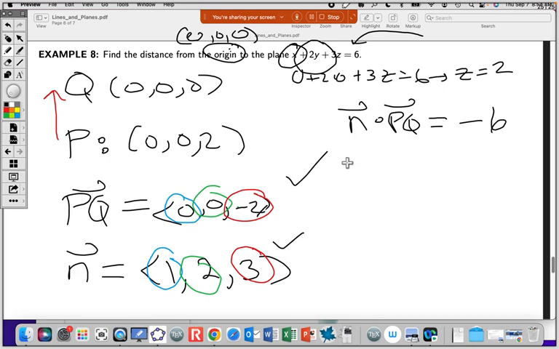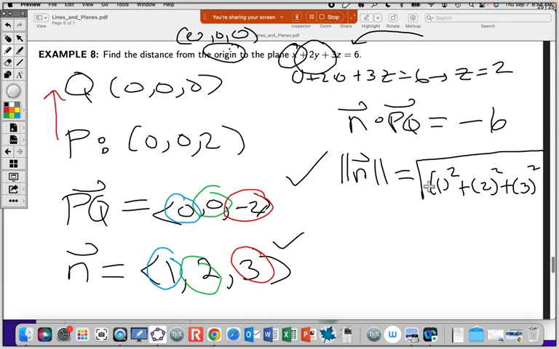And now I find the magnitude of the normal vector. When we think of the length of the normal vector, we think to our friend the distance formula, aka Pythagorean theorem. So how do we find the magnitude of a vector? We square the components, add them up, take the square root.